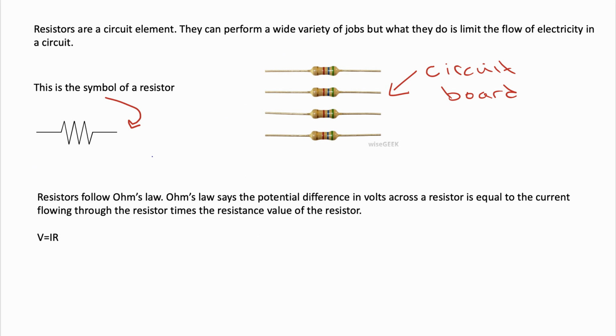If you took what's called a multimeter, which has a little switch where you can measure voltage, current, and resistance, and you measure from here to here, the voltage across that resistor is equal to the current flowing through it, I, times the resistance of the resistor. And the resistance, as you find from that previous video, depends on the color band. It could be, say, a 100 ohm or 1,000 ohm resistor.